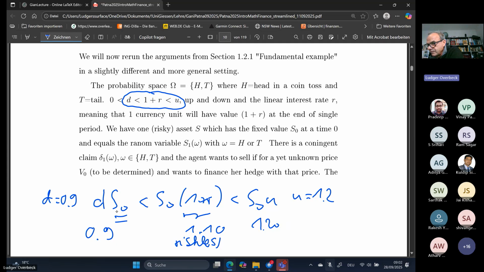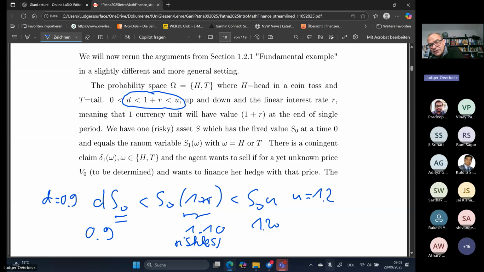Well, this doesn't happen, because if you have bought S0, the risky asset, you will either make a loss or you will make a gain. In order to be arbitrage-free, or as you pointed out, in order to get a P star, if it's going up, you should earn more than the riskless one. But if it's going down, you should earn less.